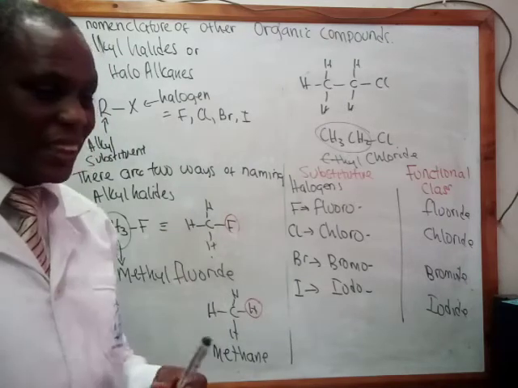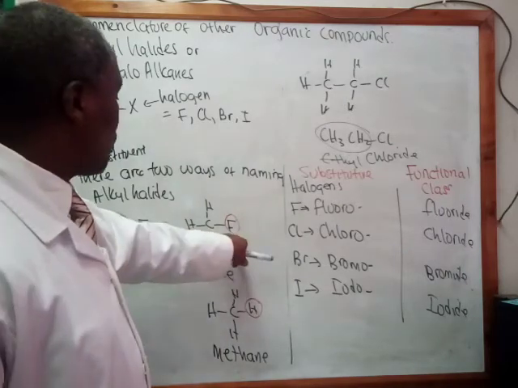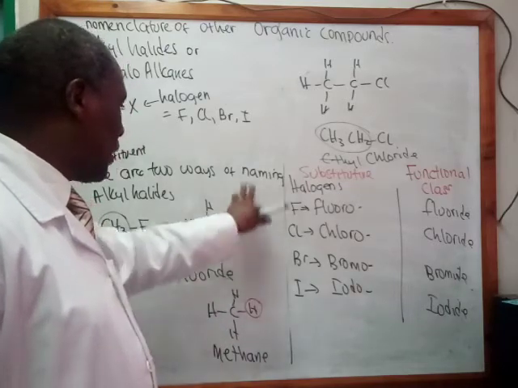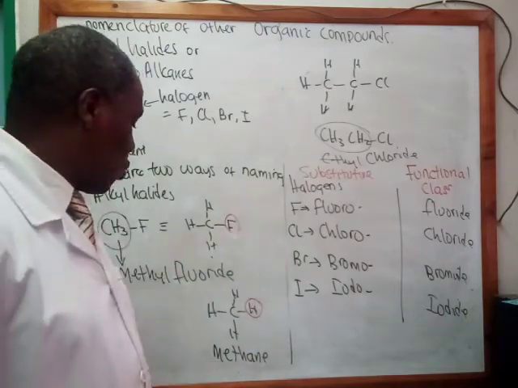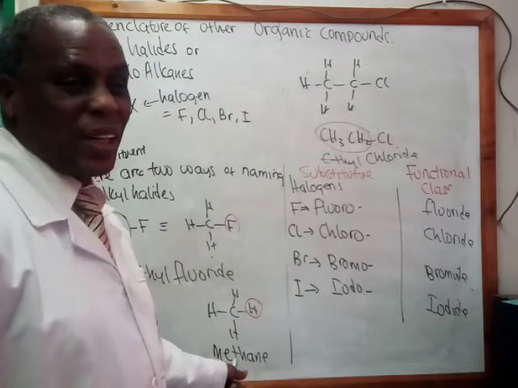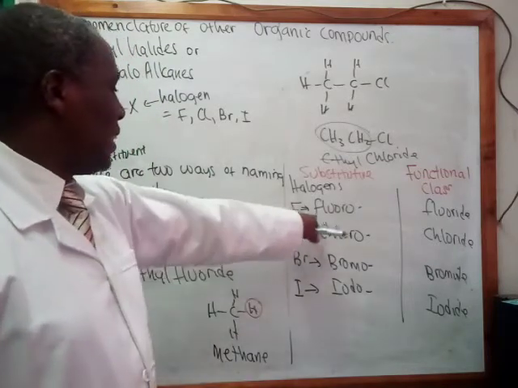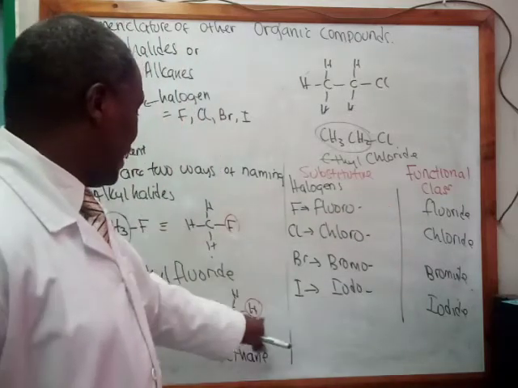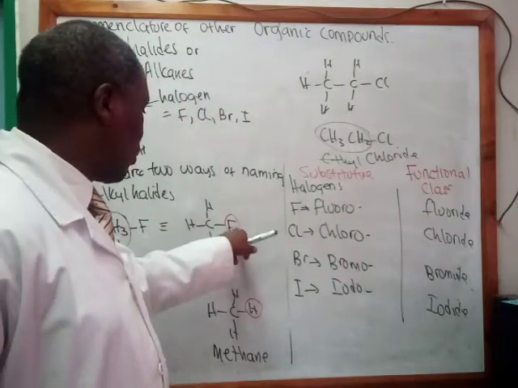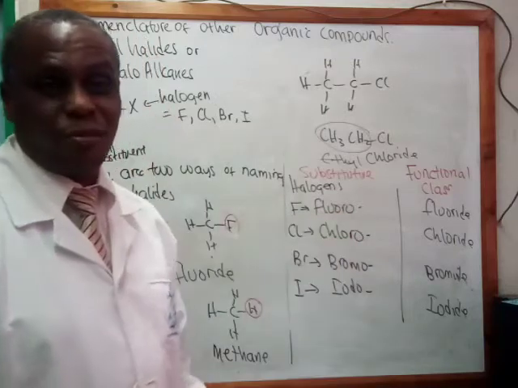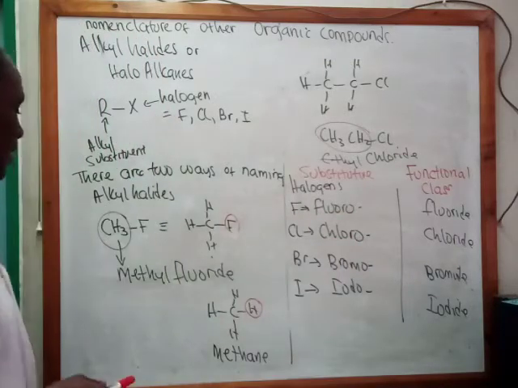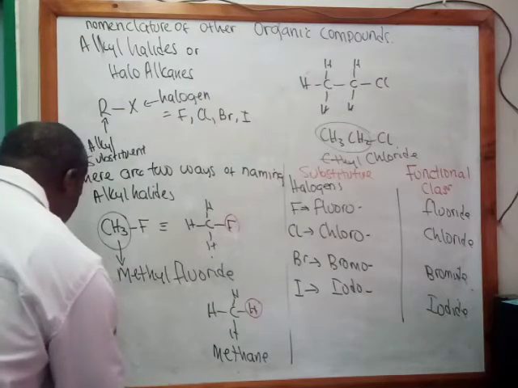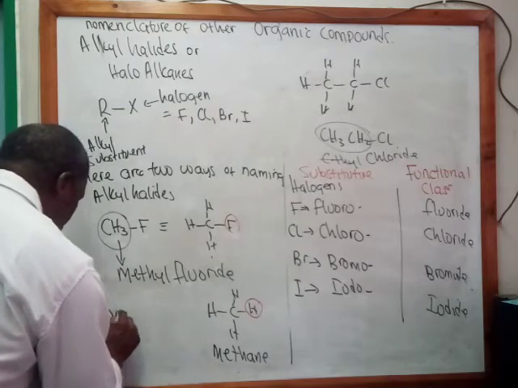So if you say the halogen is a substituent on a hydrocarbon, like in this case, then the name, other than fluoride, I'm going to use the word fluoro. So this will be fluoromethane.